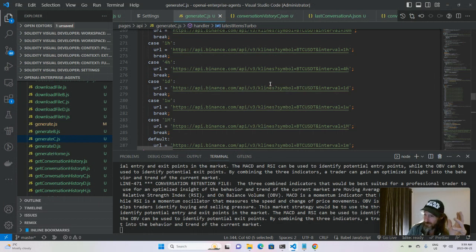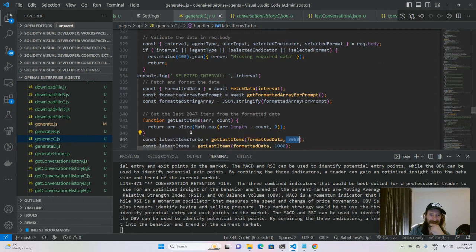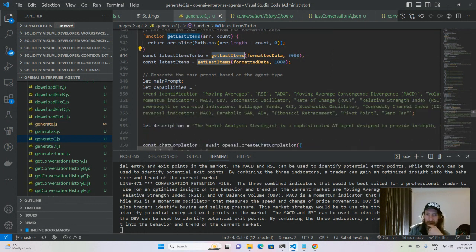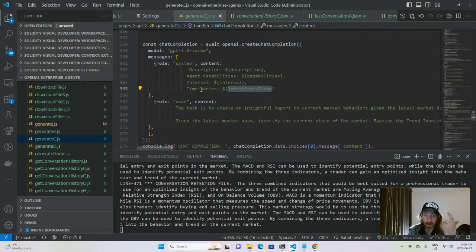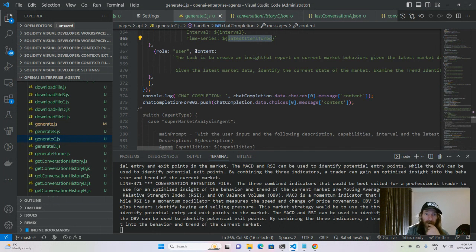I lost myself. I was showing, oh, get latest item. Right, right, right, where I'm slicing. Get latest item, I'm slicing the end, and so I can put more into the prompt. Time series, latest item, and then how I want it to report.